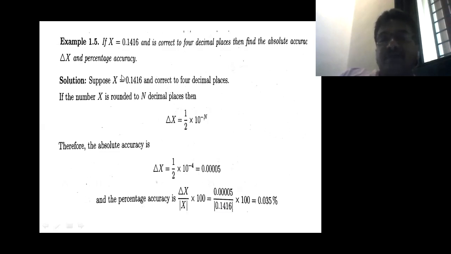So first find relative accuracy or relative error, delta x divided by x, absolute error divided by true value or approximate value, the given value. And into 100 is the percentage accuracy. So these are some problems on relative error, percentage error, and absolute error.